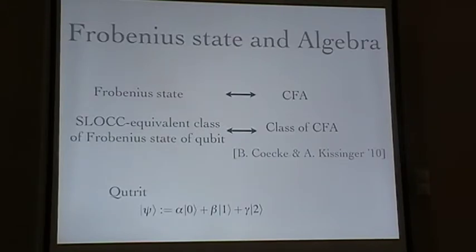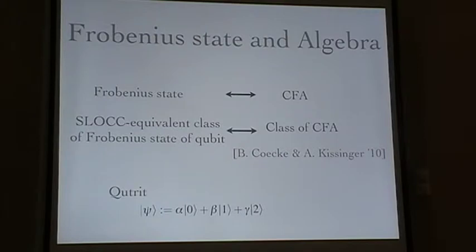The correspondence between Frobenius states and commutative Frobenius algebras has already been known. Moreover, in qubits, SLOCC equivalent classes of Frobenius states are expressed graphically using the correspondence between these classes and classes of CFA. This correspondence was given by them.